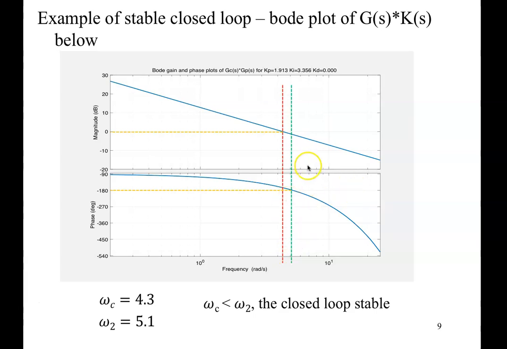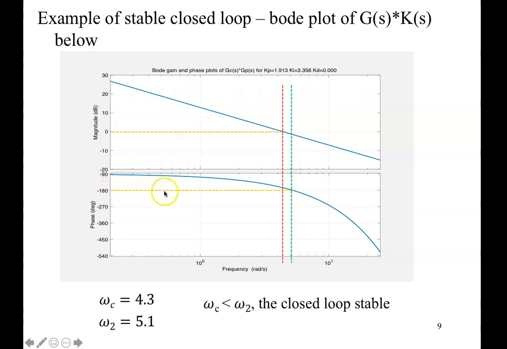That's my first frequency. Then I need to identify the second frequency. The second frequency is from the phase plot, where it crosses minus 180 degrees. So on the phase plot, find where the minus 180 is.